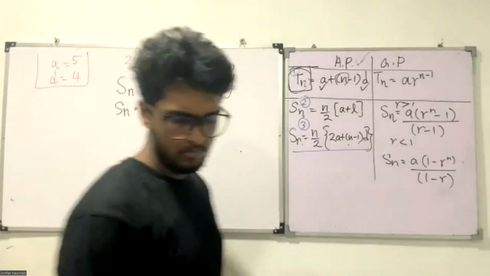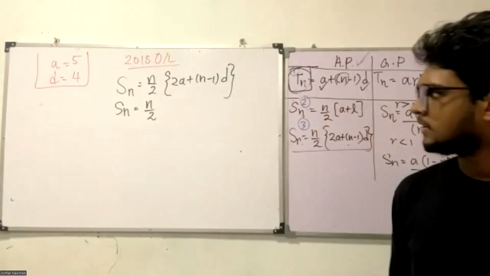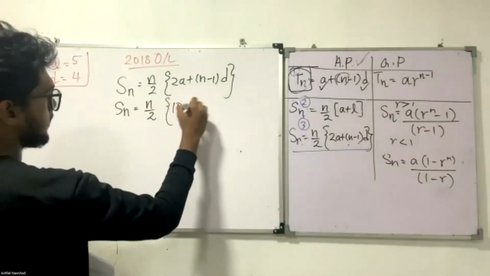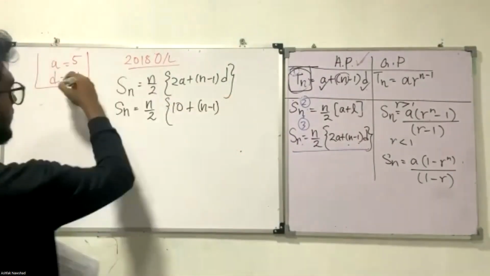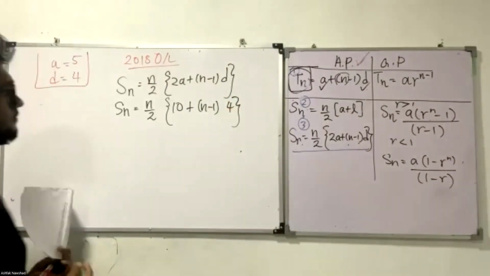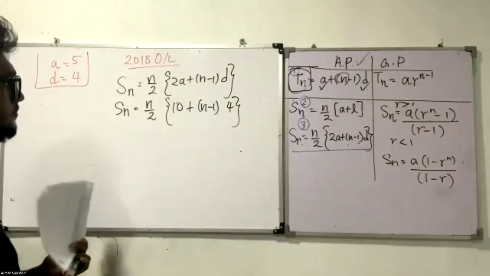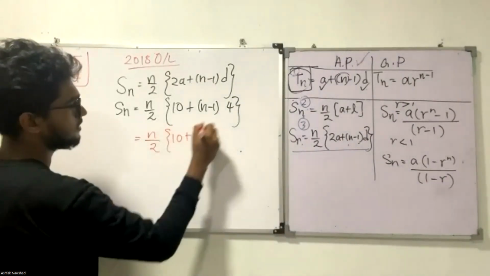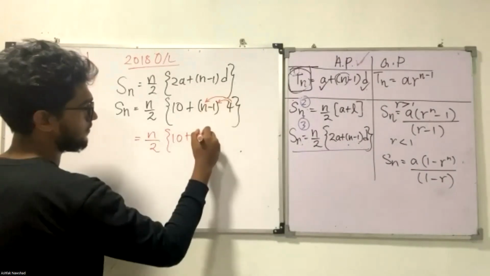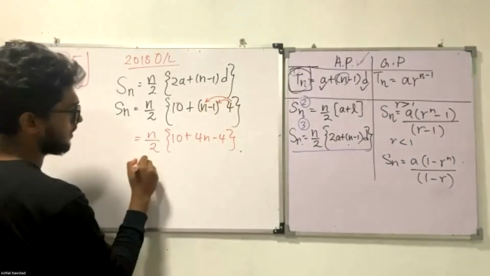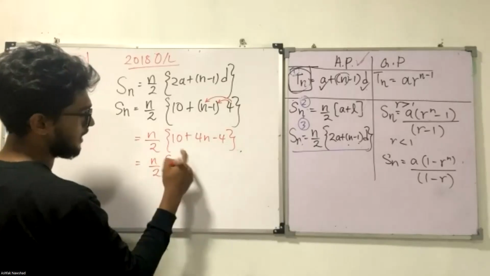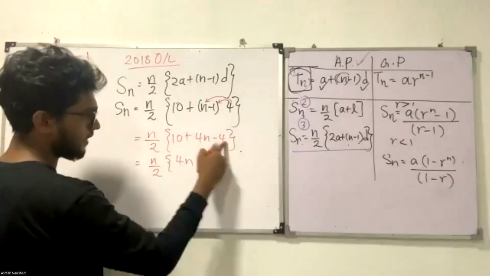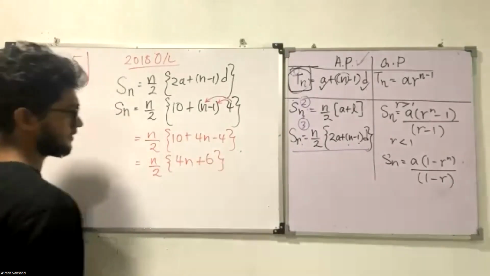So 2a, a is 5 and 2a is 10, n minus 1 is unknown, and then d is 4. Let's simplify. n over 2, 10 plus, distribute the 4, 4n minus 4. So it's n over 2, 10 minus 4 is 6, plus 4n, so 4n plus 6.